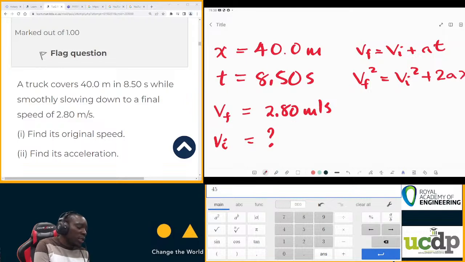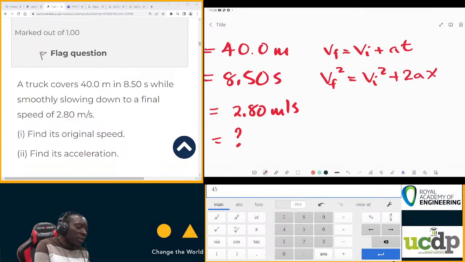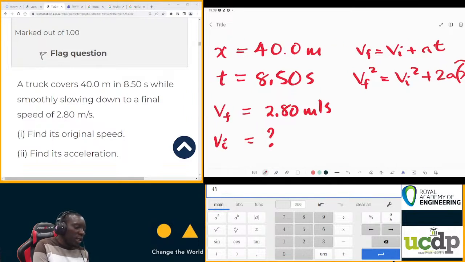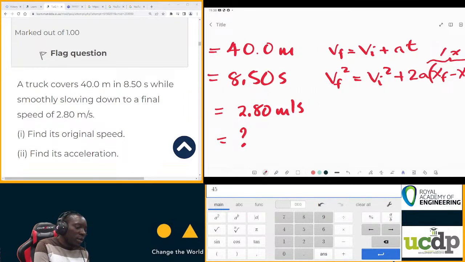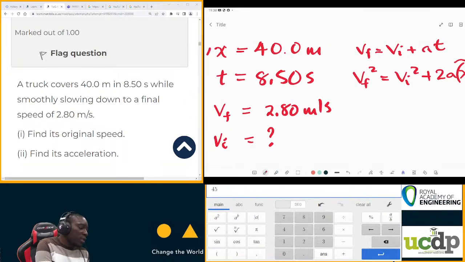So x is generally x final minus x initial. In this case, we've just been given that as x. That's the displacement usually. You can call it dx, and this will be dt.